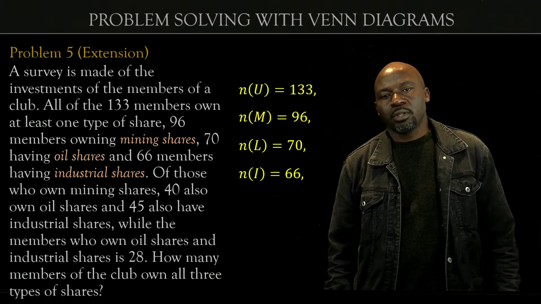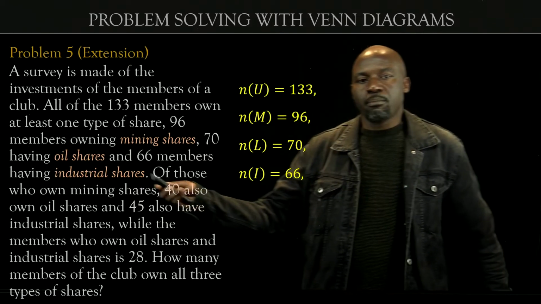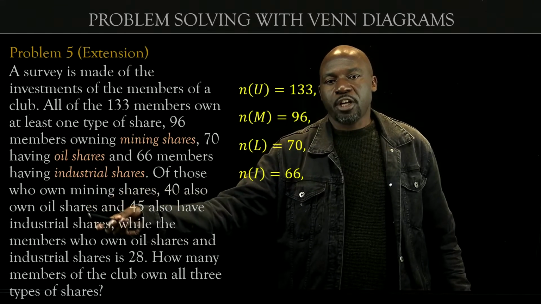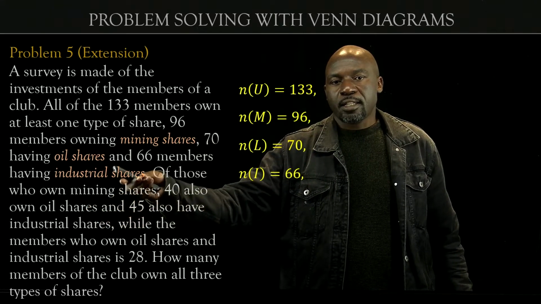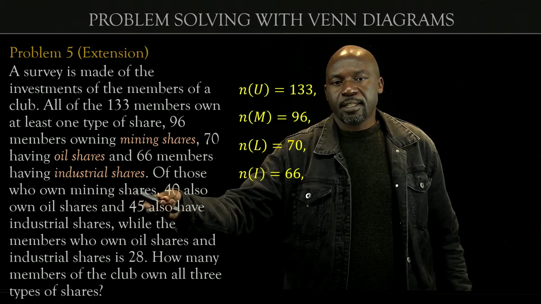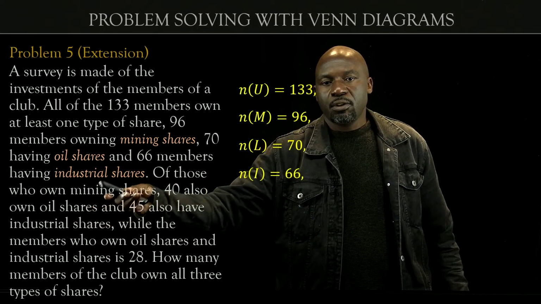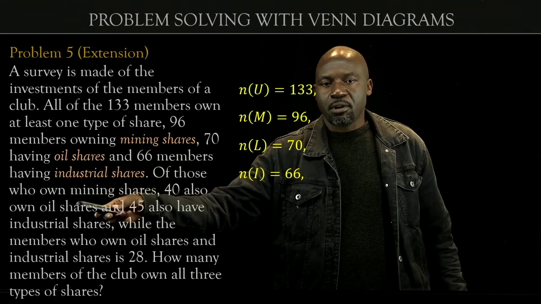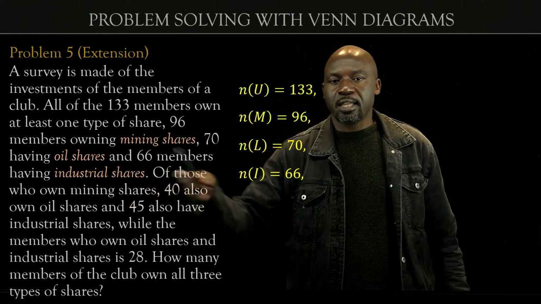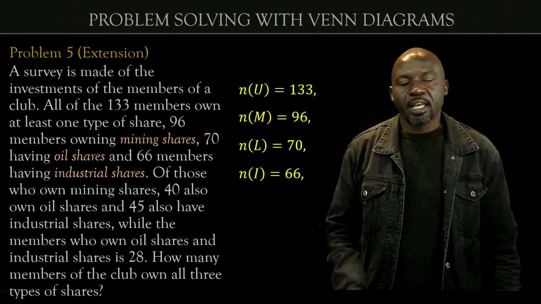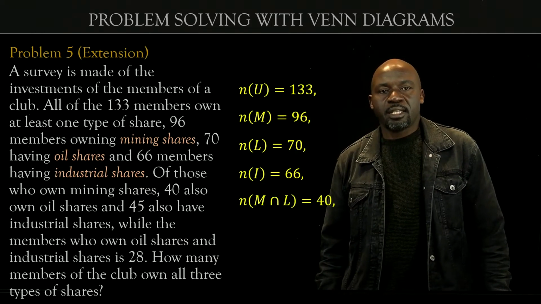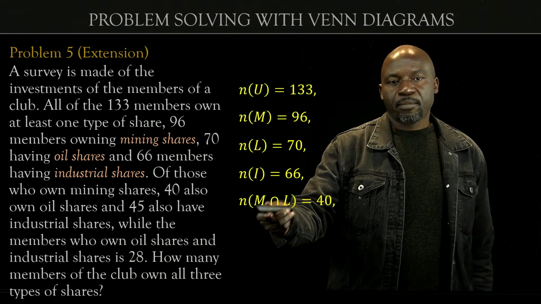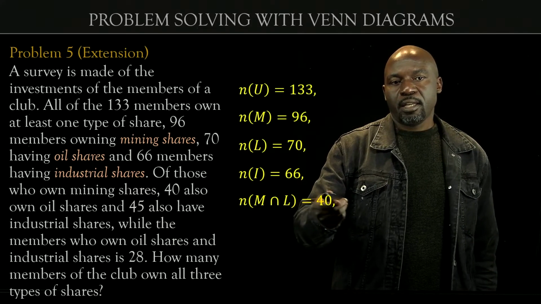We are also told that of those who own mining shares, 40 also own oil shares. That is to say that M intersection L, these are those who own mining and also oil shares, right? So the number of elements in M intersection L is 40.